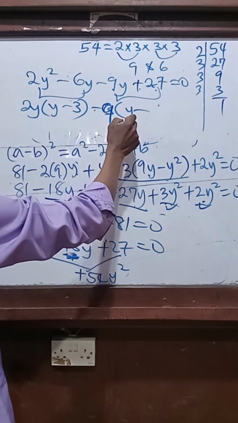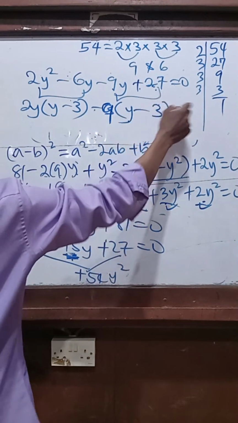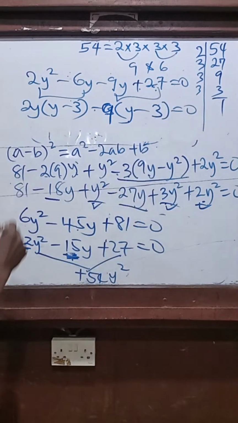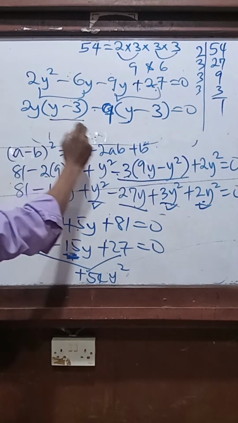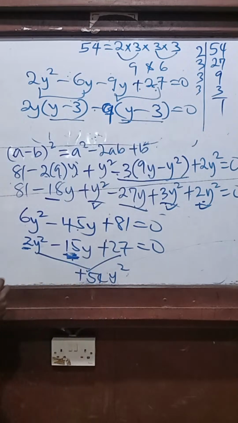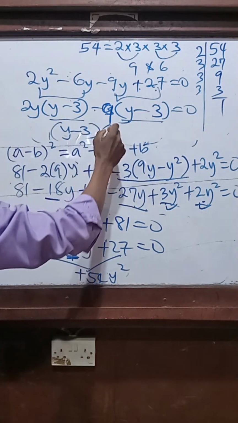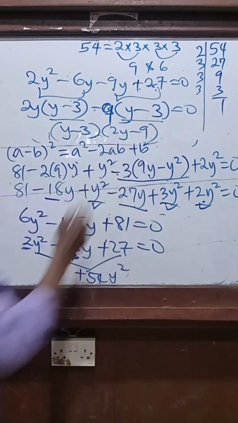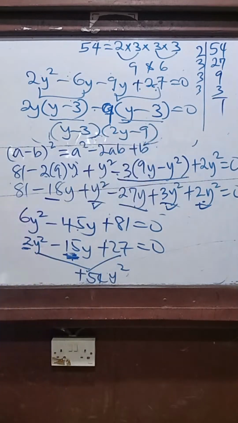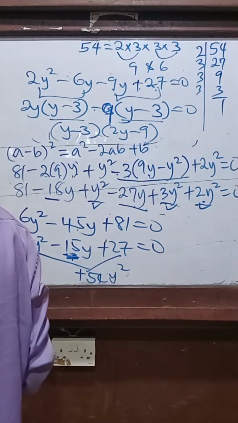So that'll be y minus 9, and that'll be y minus 3 equal to 0. When you factor, the two expressions must be the same thing. So you take one of that and then times 2y minus 9.